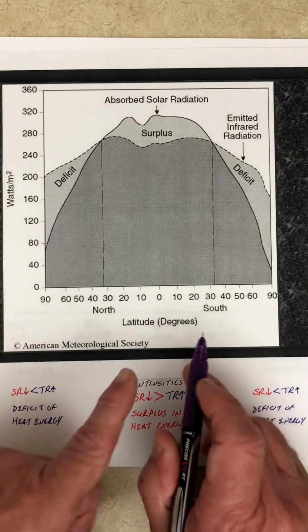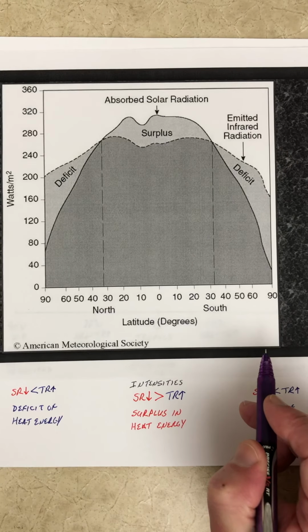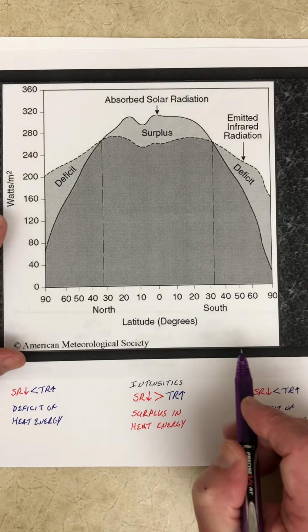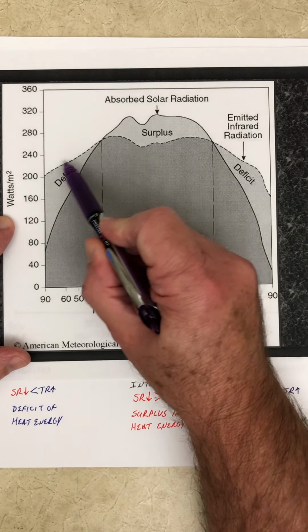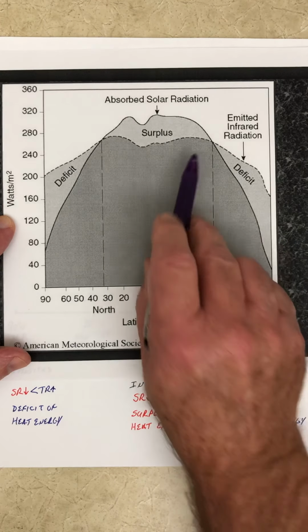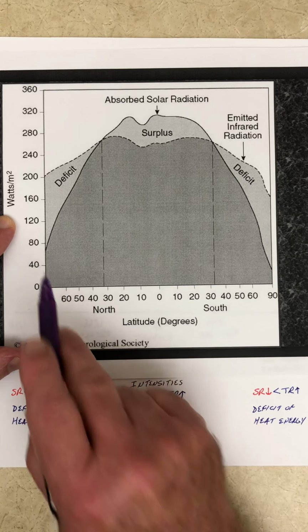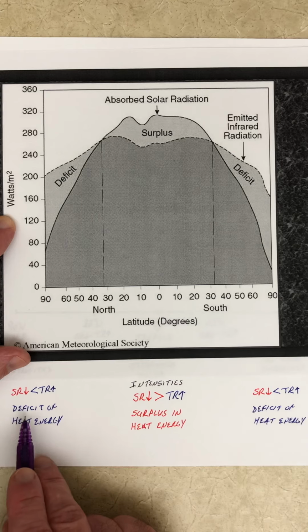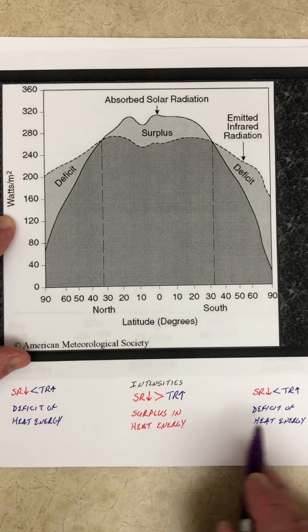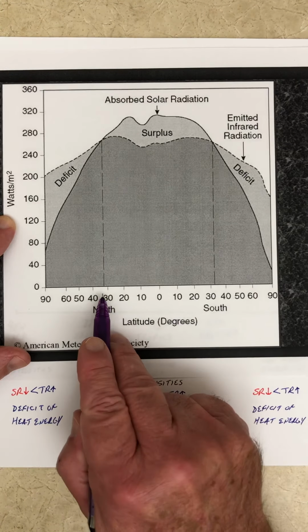If you go poleward of 32 degrees north and south latitude, the outgoing terrestrial radiation is greater than the incoming solar radiation, and as a result, we build up a deficit of heat energy poleward of 32 degrees north and south latitude.